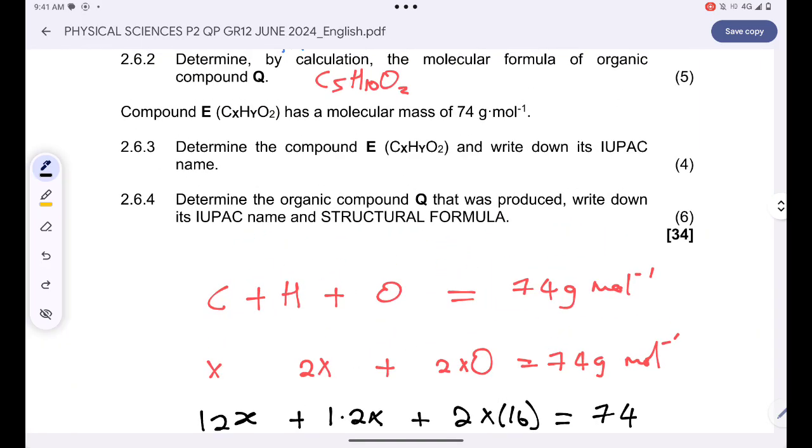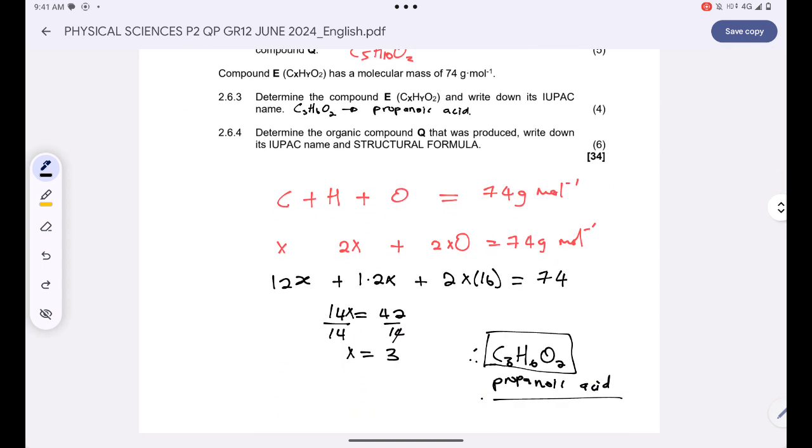So we simply have C3H6O2, and the IUPAC name is propanoic acid, right?